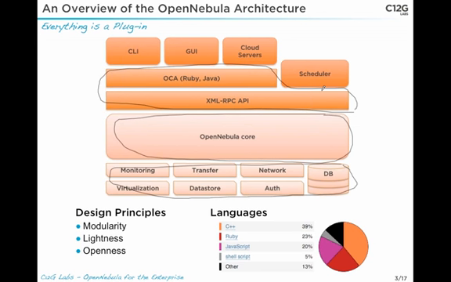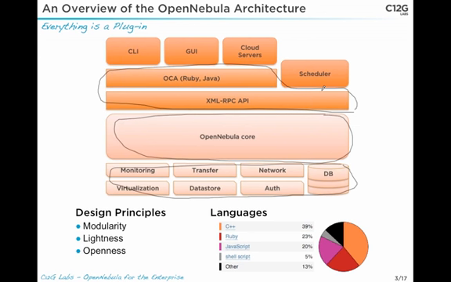On top of that sits the OpenNebula Cloud API, what we call OCA, which are Ruby and Java bindings to this XML-RPC interface, with some goodies to make the programmer's life easier when managing pools of hosts, VMs, virtual networks and so on.